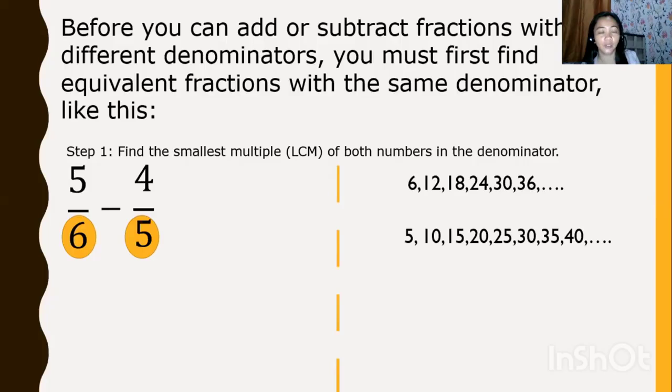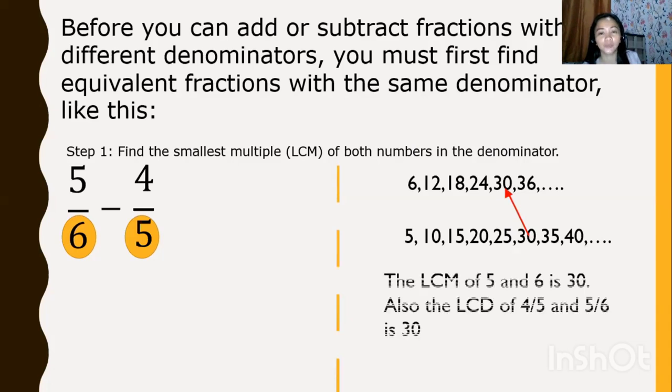And we have 5, 10, 15, 20, and so on. Now, what is the smallest multiple that is common to the sets of numbers? That is 30. Therefore, the LCM of 5 and 6 is 30, and the LCD of 4/5 and 5/6 is 30.